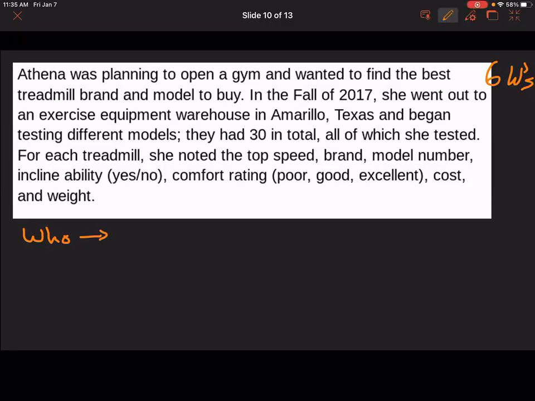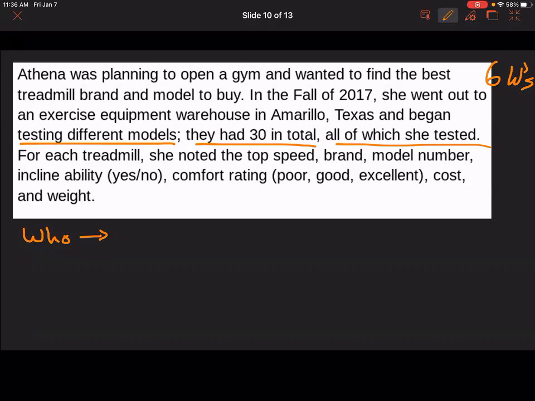Well, let's start with who. Remember, who doesn't necessarily have to be people. Who is the person or things that we're collecting information on? So in other words, it's the sample. So let's see. She went out, okay. It says she began testing different models. They had 30 in total, all of which she tested.